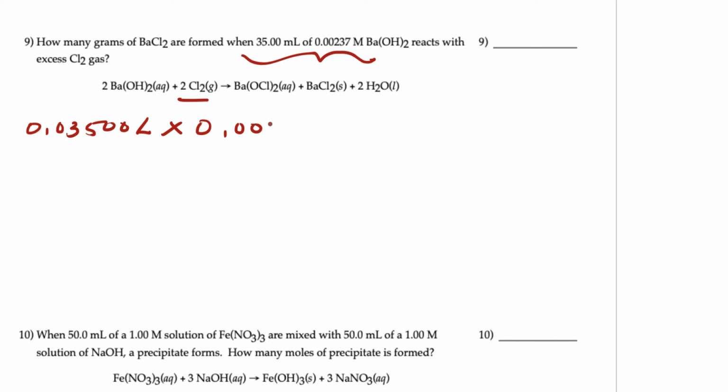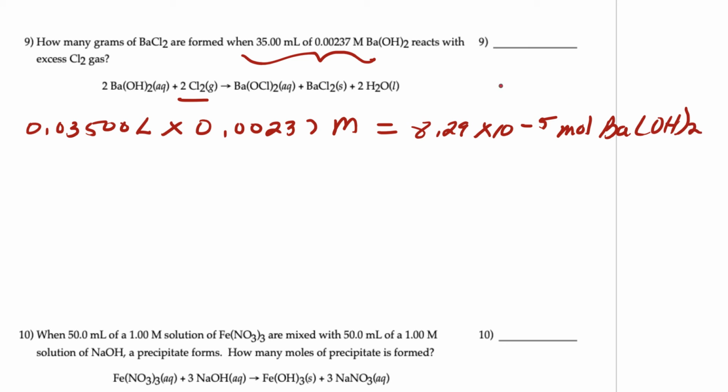That's 0.00237 molar. And that's 0.035 times 0.00237, and I get 8.29 times 10 to the negative 5 moles of barium hydroxide.